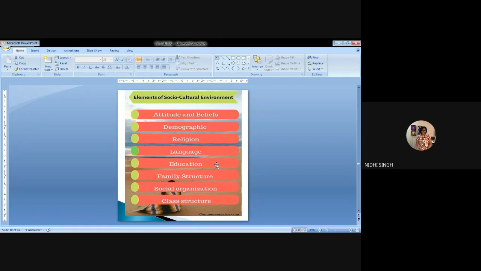Sari is not worn everywhere internationally. You can persuade a person to wear a sari, but it's not a need. The attitude and belief, the demographic factors, the religion, the language, education, family structure, social organization, and the class. The class structure also is an element of social cultural environment in international business.